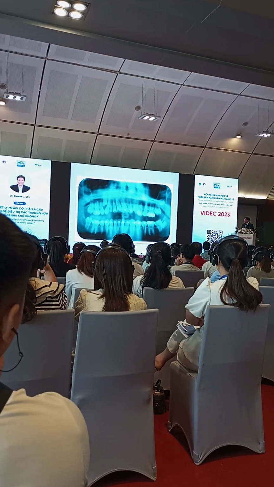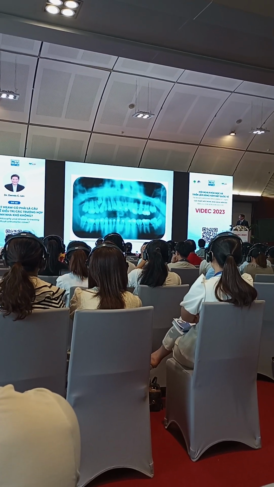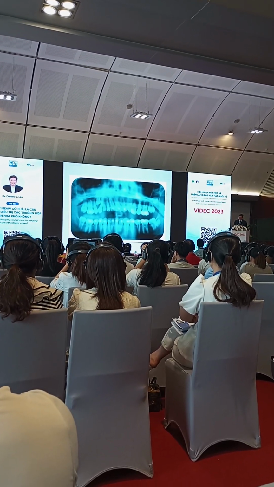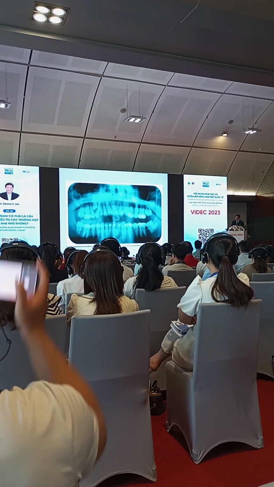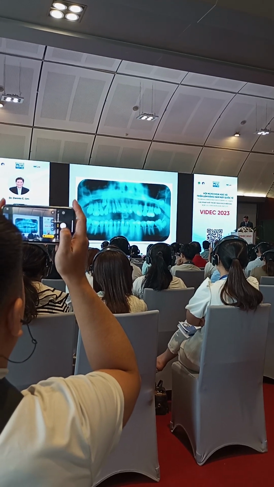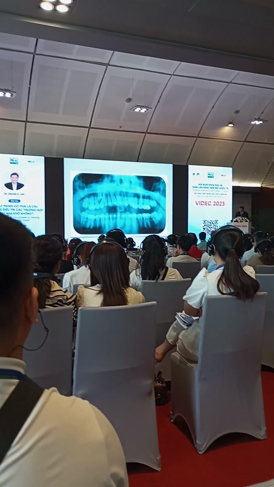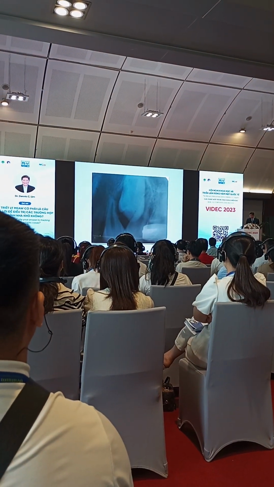In that radiograph, they saw that the canine is in between the first and the second premolars, so it's a transposed canine position. This is the periapical radiograph of the patient.